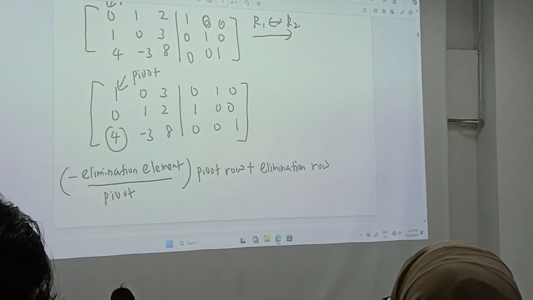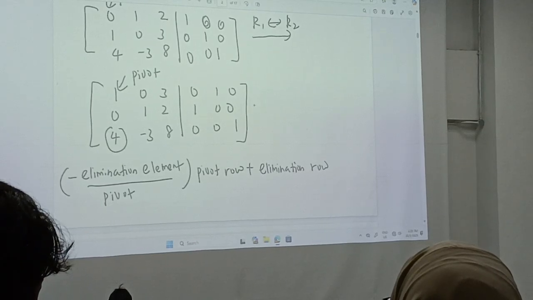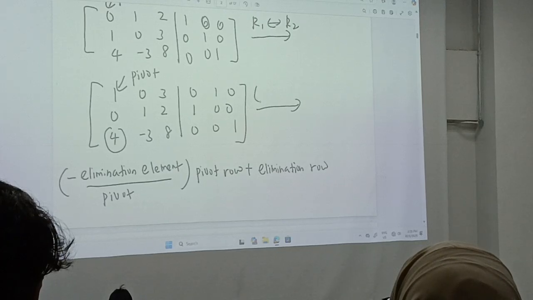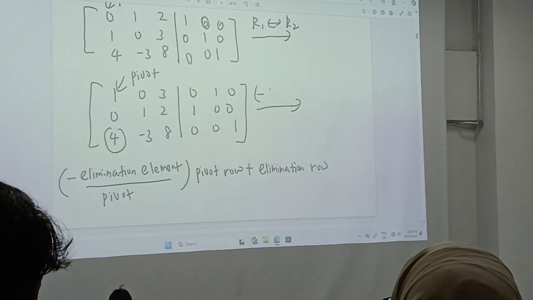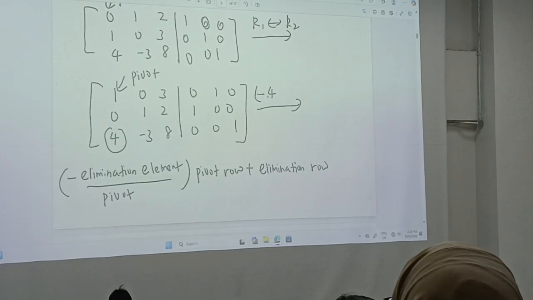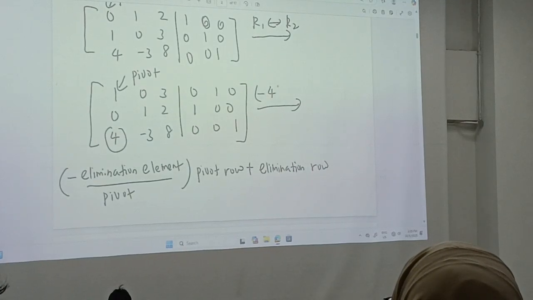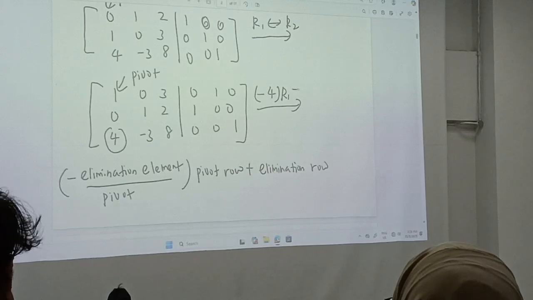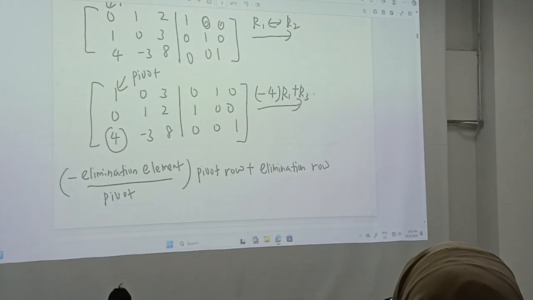Okay, so use this formula. So elimination element here will be, put the negative first, will be 4. Okay, pivot is 1, so over 1. 4 over 1 still equal back to 4. So times pivot row R1 plus elimination row R3.